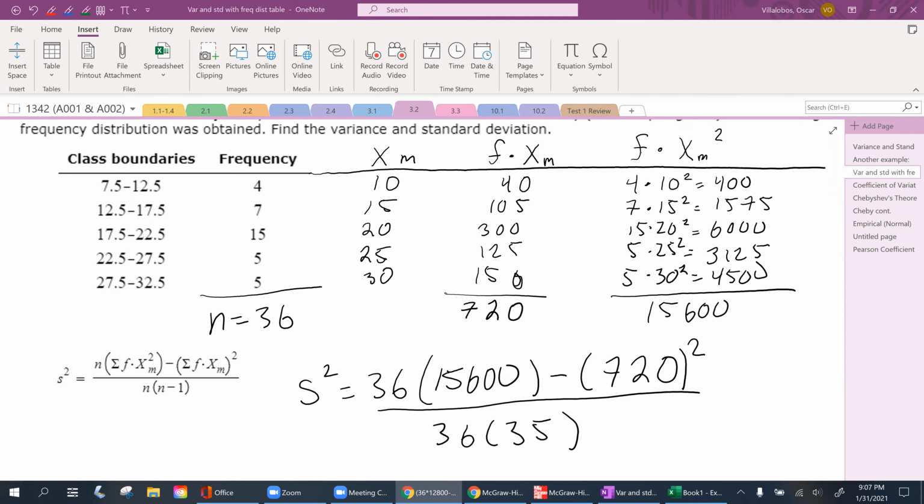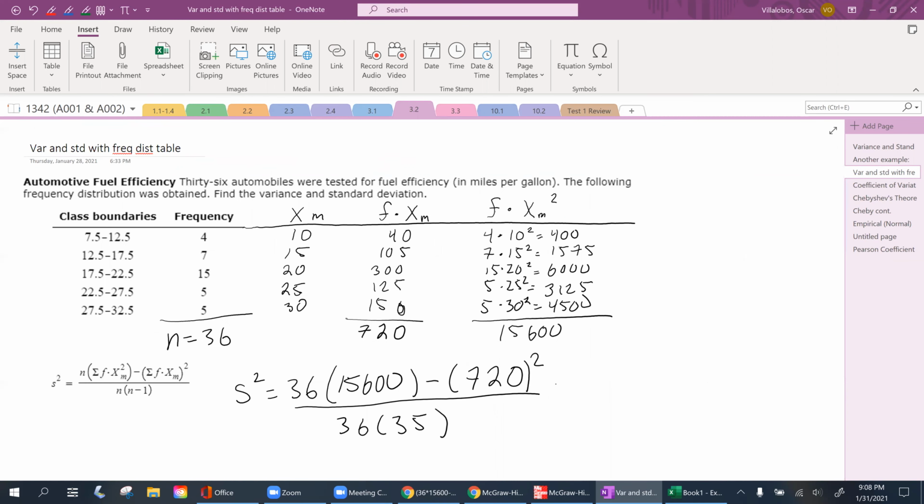So let's go ahead and plug that in now. For my variance, my variance is 34.29. 34.29 would be my variance.